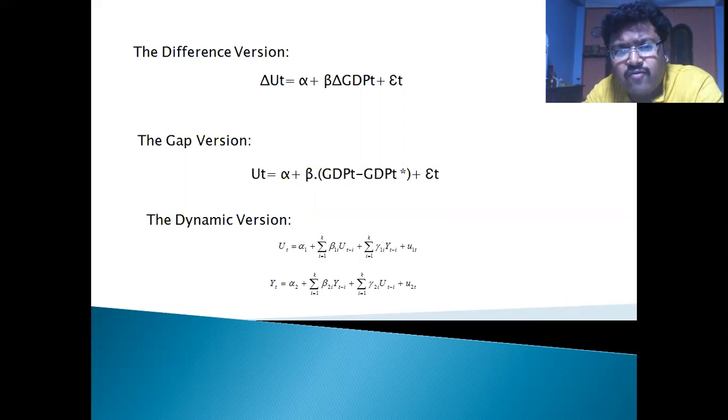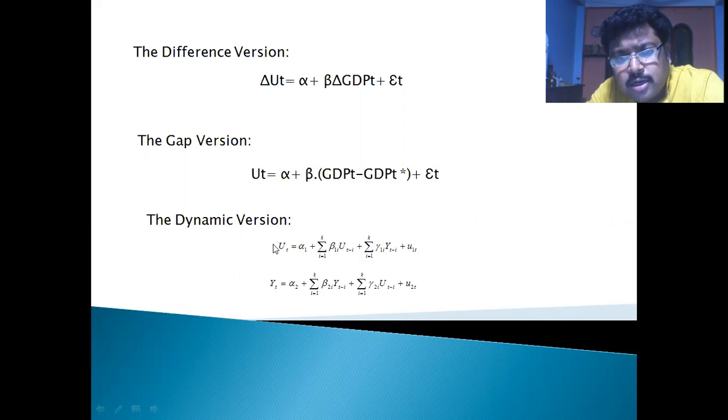Now, you can find the dynamic version. Here I have used the vector autoregression model. Look, here the unemployment rate depends on the previous period's real GDP.